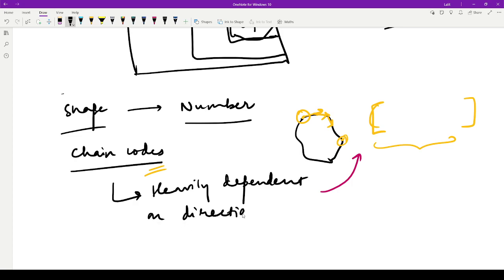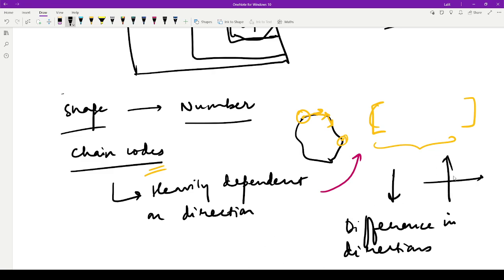So one of the best ways is, instead of directly encoding this, we first get the chain code and then get the difference in direction, where we have all four directions out there. Maybe this is direction one, two, three, four.